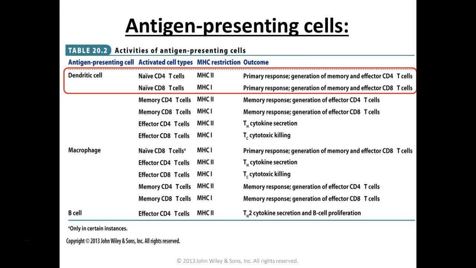Once we have that first exposure, remember that first exposure is going to lead to the production of memory cells. So if it gets in again and the dendritic cell recognizes it again, and if we have memory cells, it can interact with those memory cells and start the process all over again. During the process, naive cells are going to differentiate and proliferate into effector cells that actually go out and do stuff, and memory cells that are going to stick around in case we see it again.